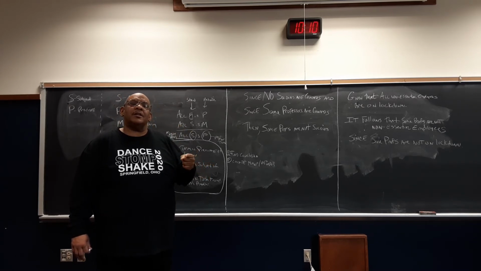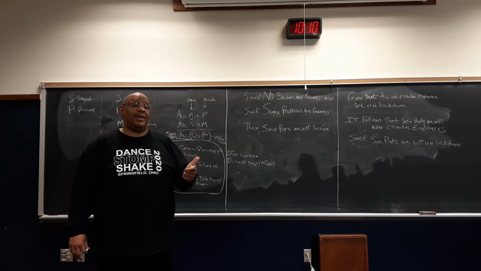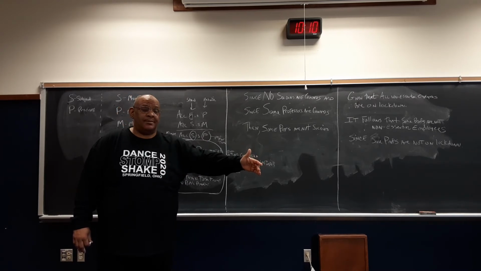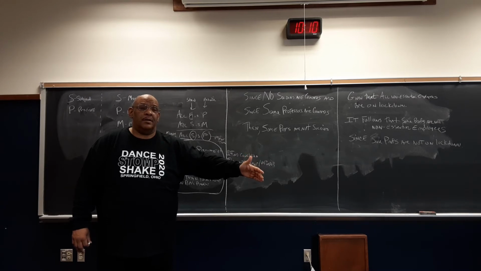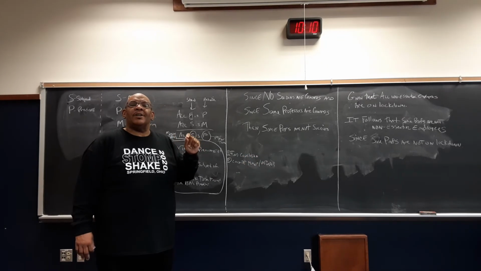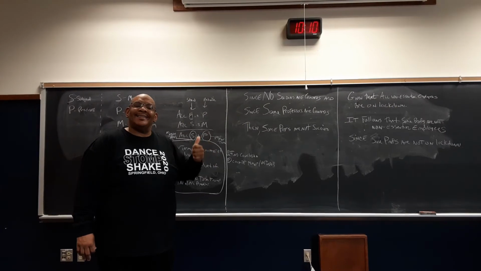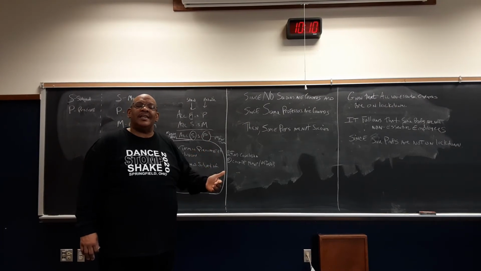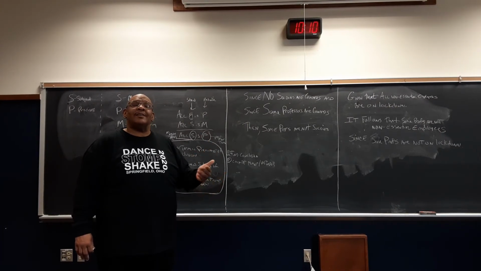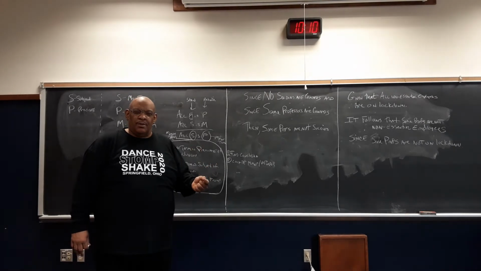The terms in the conclusion are obviously the S and P, subject and predicate, but every proposition has that, so there's nothing new about that. What is new in the categorical syllogism is that the S and P stand for something else. The S is the minor term, the P is the major term.